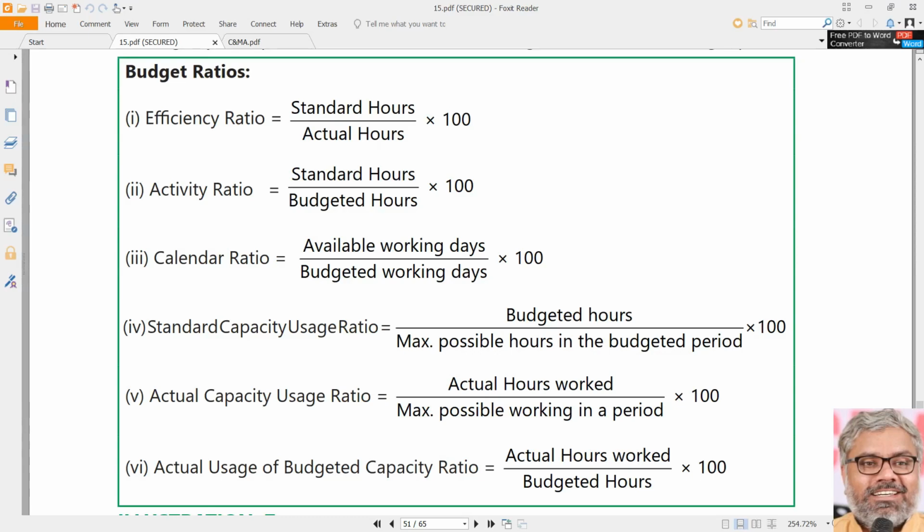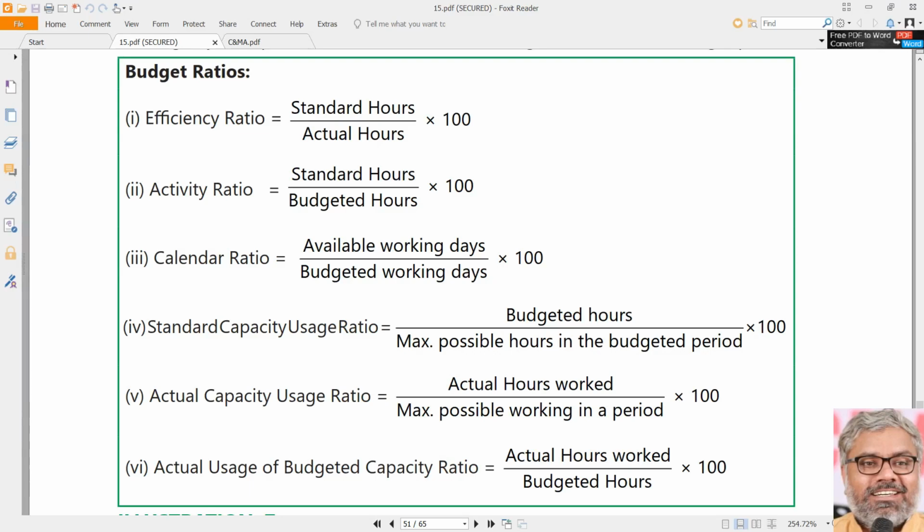Budgeted hours are those budgeted for a budgeted level of activity. At the beginning of the year, a master budget will be prepared, estimating that this could be the level of activity. But the real actual level of activity could be completely different from that. So budgeted hours are those which were budgeted for the budgeted level of activity.